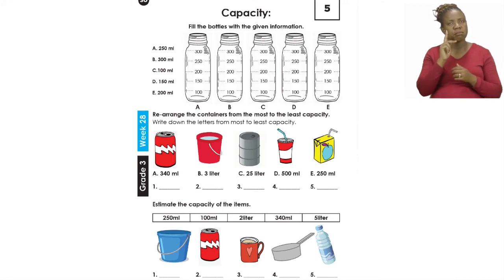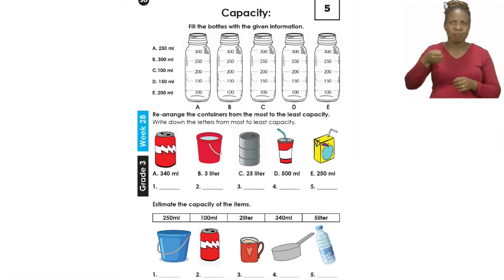Now remember everyone, if you look carefully at these measurements, you will see you have milliliters and liters. So the first picture looks like a cool drink can. So there it says 340 milliliters. And then B, there's a bucket measured in liters. It says 3 liters.